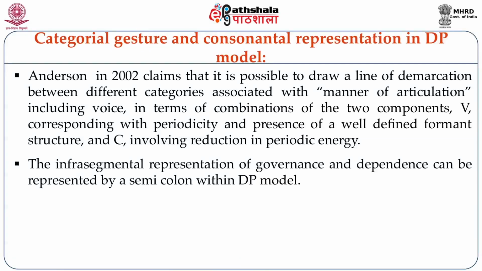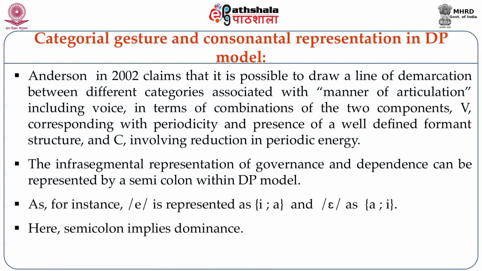Intrasegmental representation of governance and dependence can be represented by a semicolon within the DP model. For instance, within curly brackets, E semicolon A: whatever appears on the left is the governor and the other one is the governee.